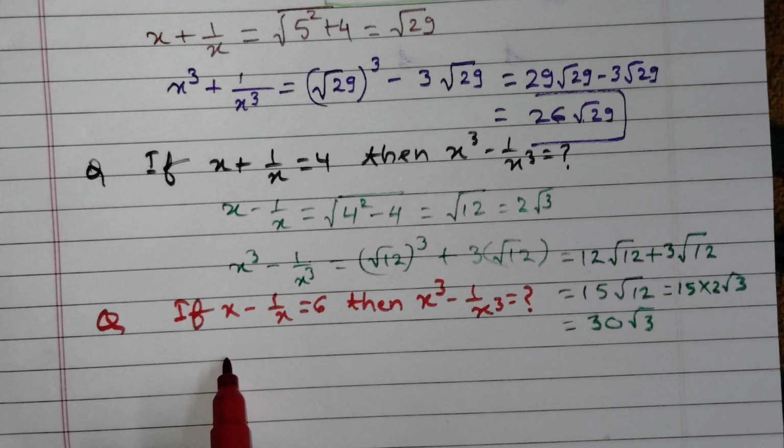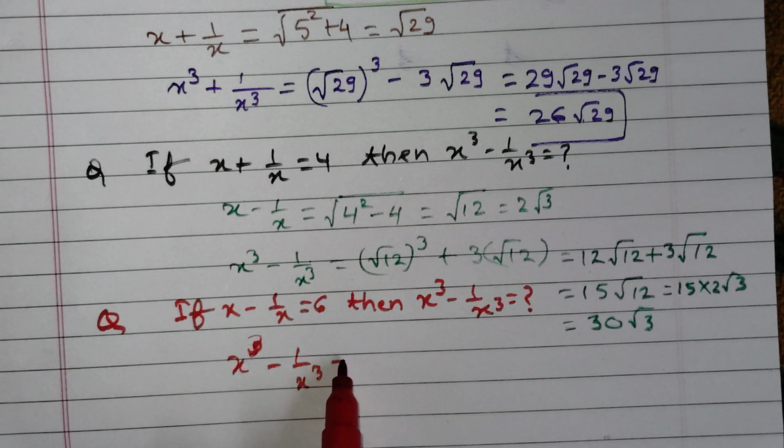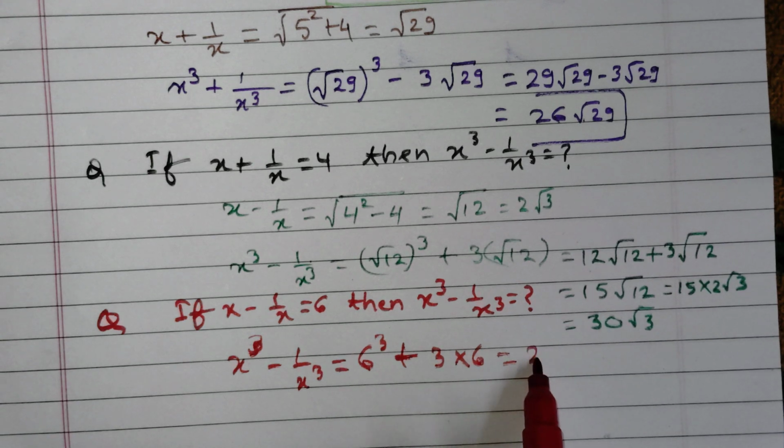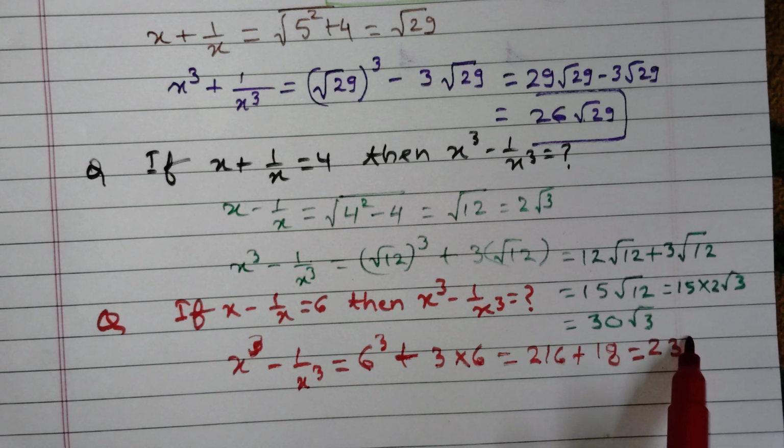So what we do, x cube minus 1 upon x cube equal to, first we write 6 cube, then we write plus 3 times this number 6. So 6 cube is 216 plus 3 times 6 is 18. So we get 234 as our answer.